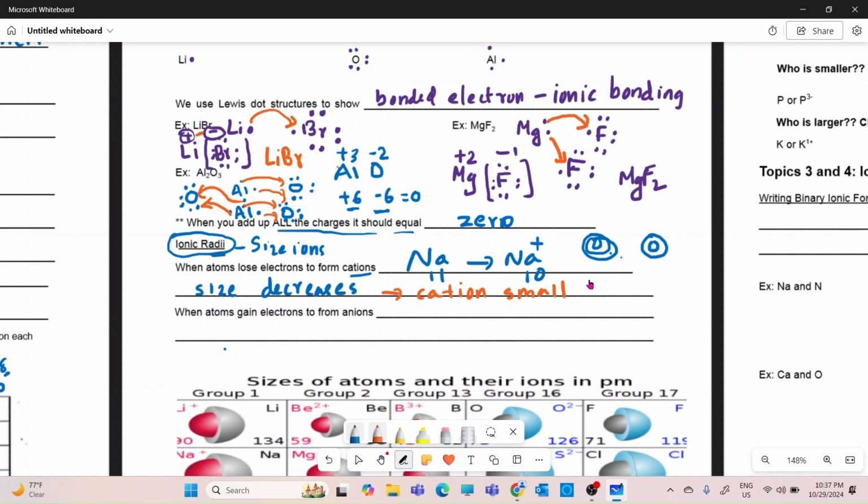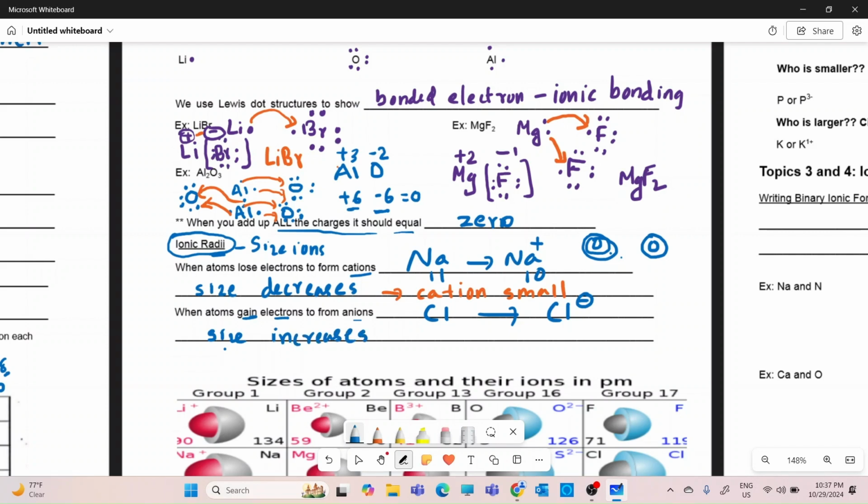When atoms gain an electron, they will form negatively charged ions. Say for example Cl, after gaining an electron, there is an extra electron there. So as a result, the size of the ion increases.